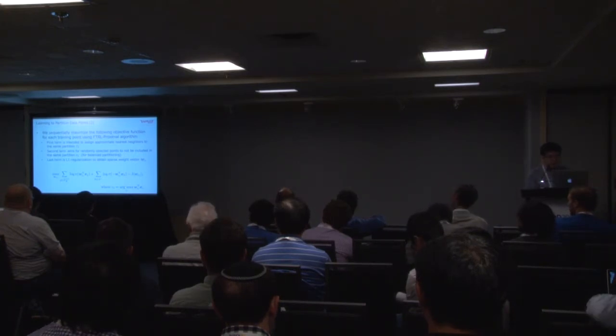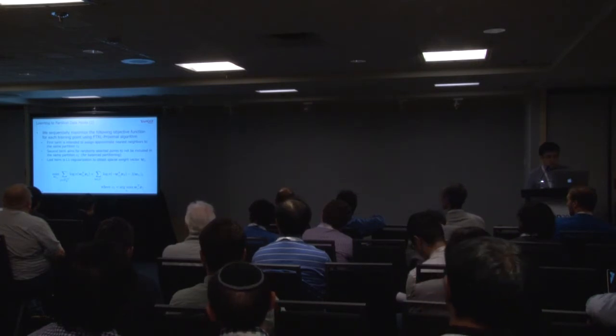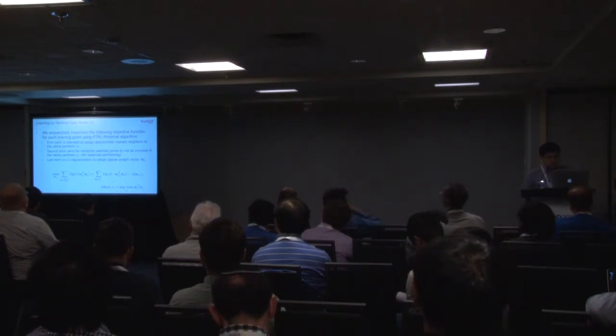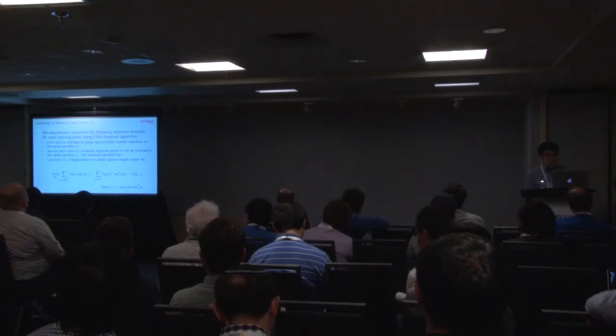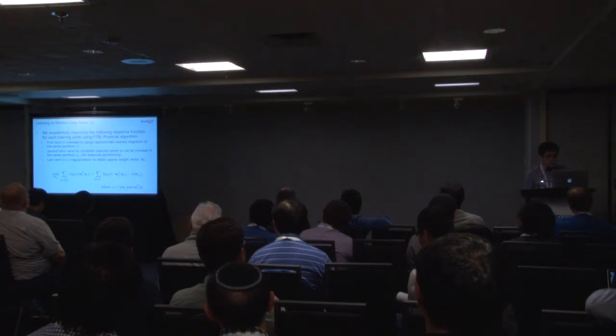Second term aims for randomly selected points to not be included in the partition Ci. In other words, this term makes each partition include almost the same number of data points. Last term is L1 regularization term to obtain sparse weight vectors.